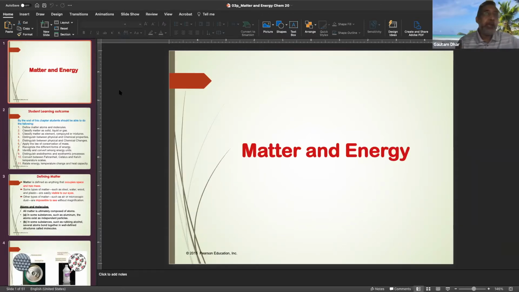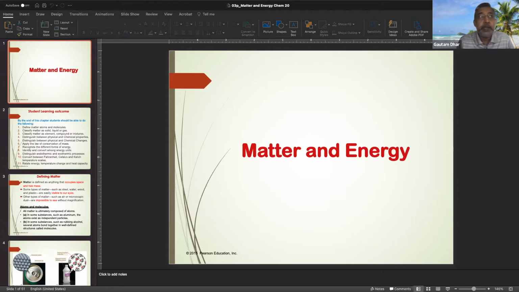So this is basically what the universe is made of: matter and energy. Classically, we divided matter and energy as two different things.